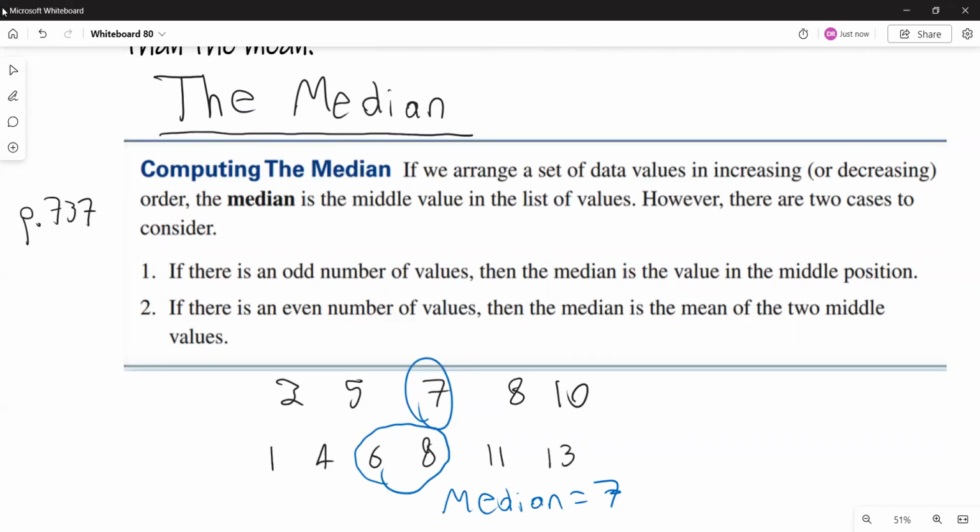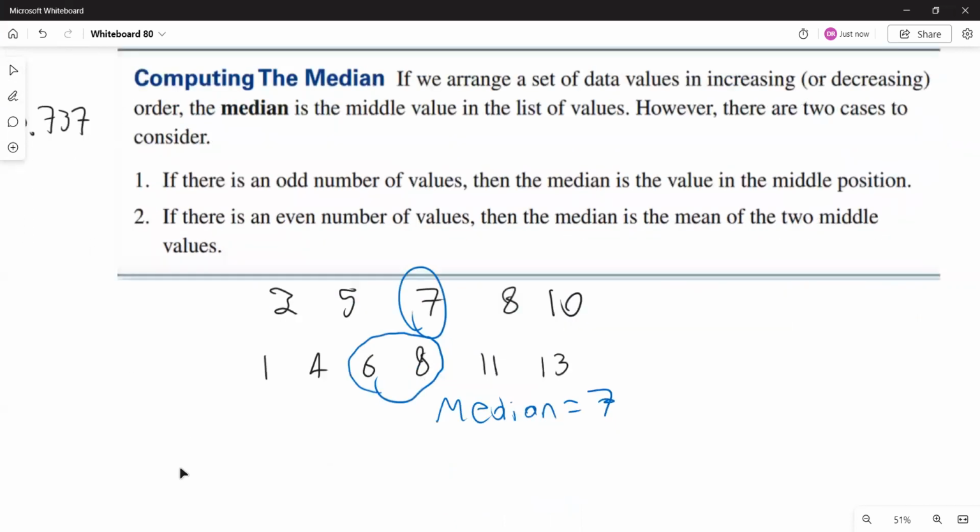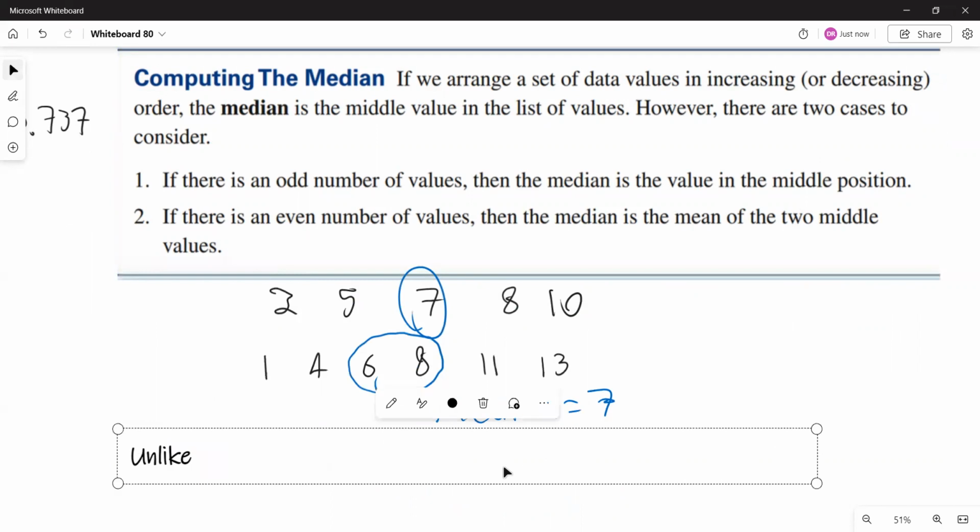Okay, so we're going to do an example. And the good thing about the median is that it's not affected by outliers. So unlike the mean, the median is not affected by outliers.